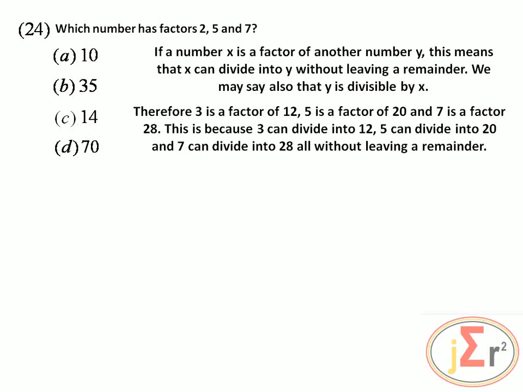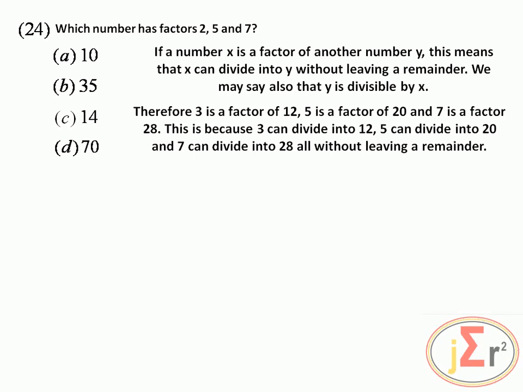Okay, that's correct, Jerry. What about 5 is a factor of 20? Alright, you will not get away this time, Jerry. 5 is a factor of 20, means that 5 can divide into 20 without leaving a remainder. What is 5 into 20, Jerry?